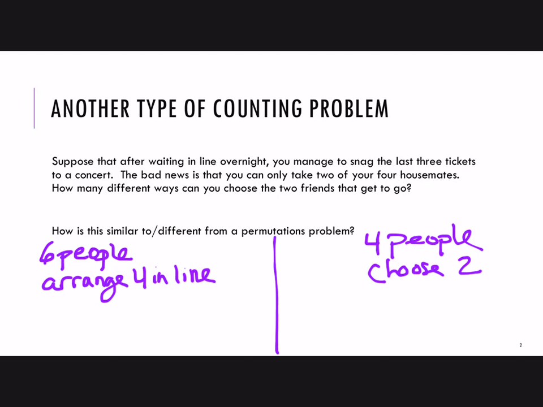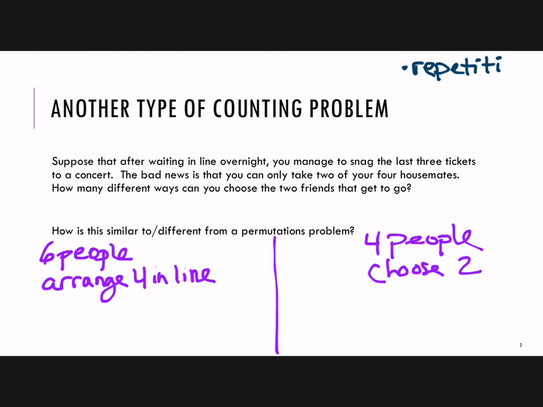Alright, so what do you see as some obvious similarities? Well, first of all, it's a people problem, it's a counting problem. We're picking people, we're only picking some of them out of the total. Some differences. Let's look at repetition. We talked about that as one of the requirements for a permutations problem.